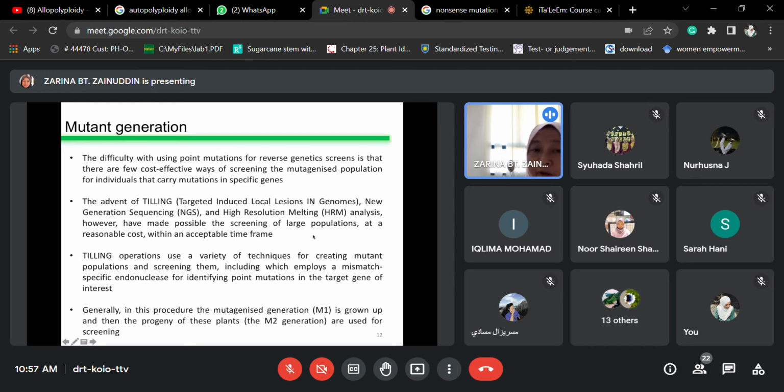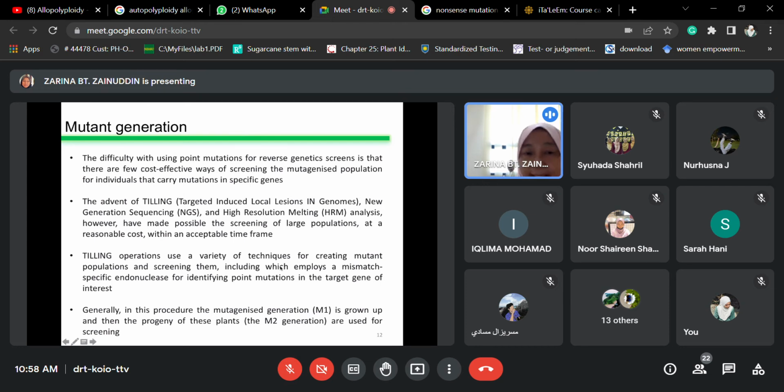We have next generation sequencing, NGS, and we have high resolution melting, HRM analysis, where using these techniques you can screen a large population at a reasonable cost, within an acceptable time frame. Sorry, I made a mistake, it is next generation sequencing. You can use these techniques to screen the mutants in the population.